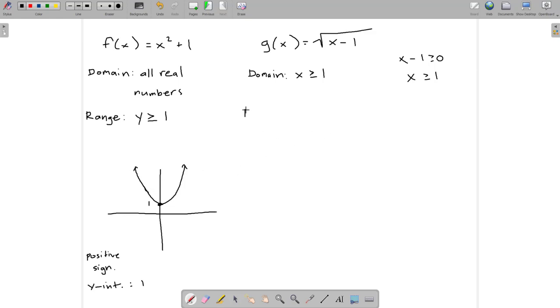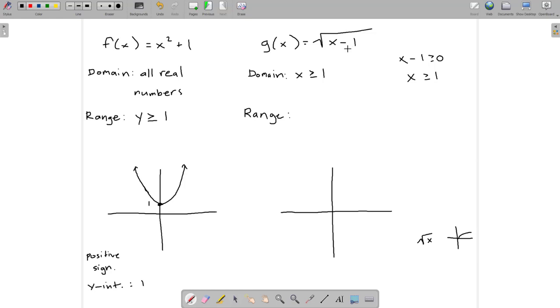And then let's take a look at the range of this square root function. Again, I'll just graph it quickly. We remember the basic shapes of these. And so we remember what square root of x looks like. That was one of the common graphs that we want to remember. Looks like this. And then this minus 1 shifts my graph horizontally, right?